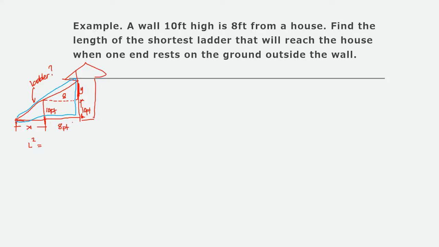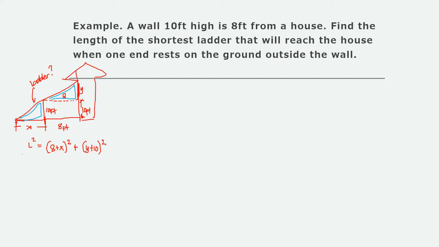Let's say this is our a squared, so that is 8 plus x squared. And for the b squared, we have y plus 10 squared. Again, this is from the Pythagorean formula, c squared is equivalent to a squared plus b squared.